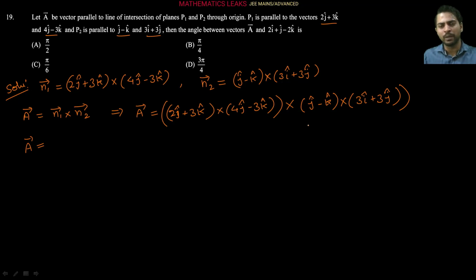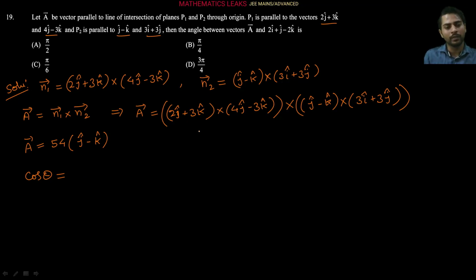So on simplification it is coming as 54 j cap minus k cap. Now the angle between A and 2i cap plus j cap minus 2k cap we can easily find out using the formula cos theta is equal to, since this A vector will be perpendicular to the normals of the P1 plane and P2 plane.